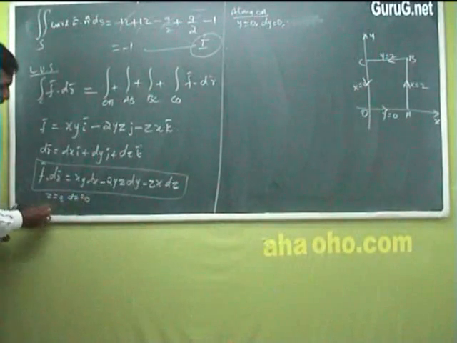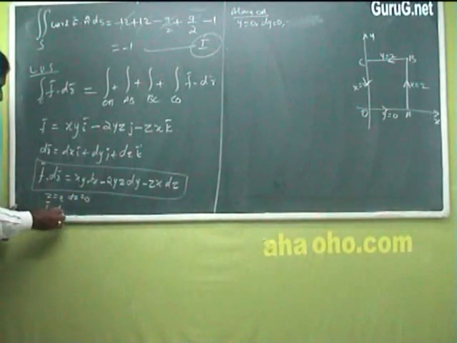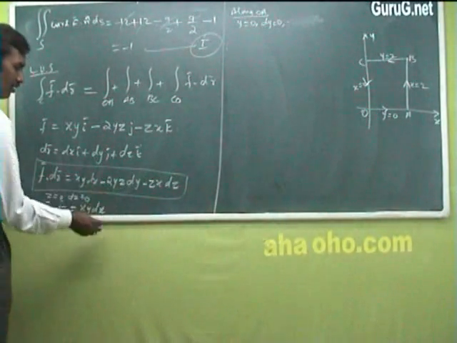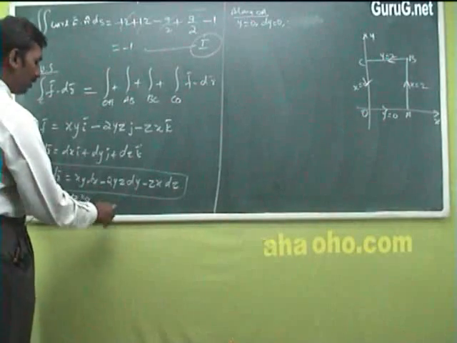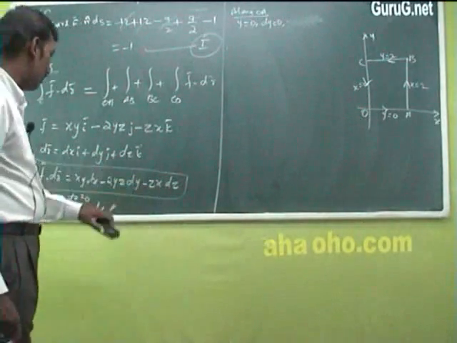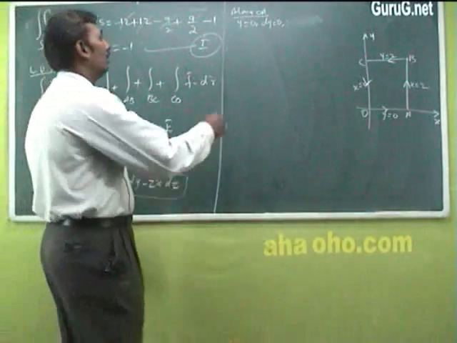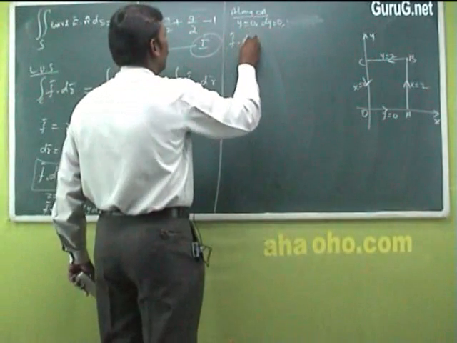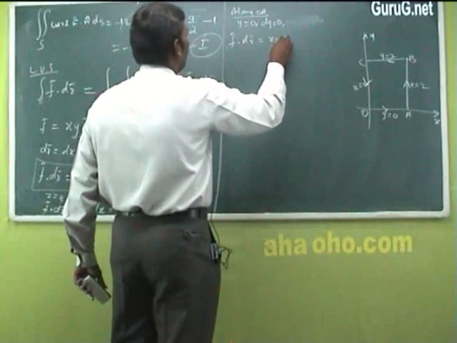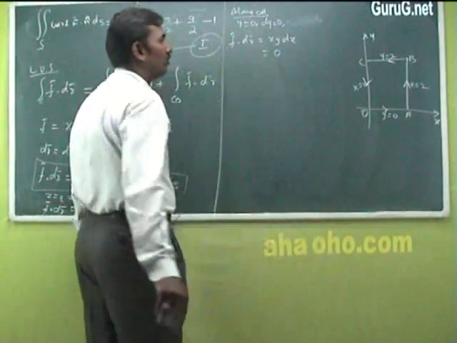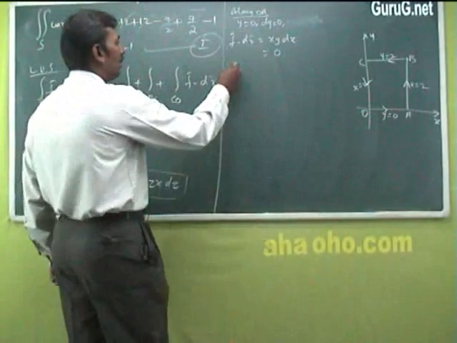So you may get f dot dr equal to xy into dx. So y is 0, so obviously this is 0. Right?